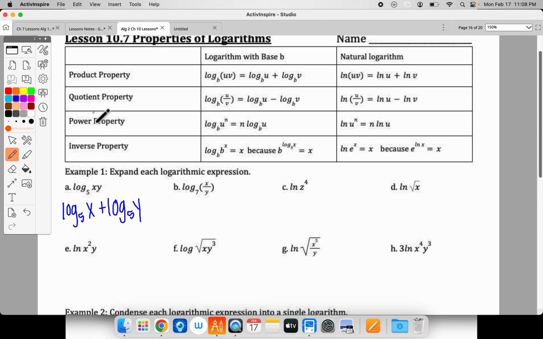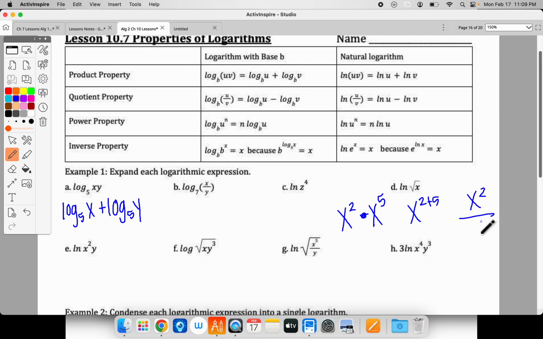Division logs, that's quotient property, division can be written as subtraction. So we actually looked at these with exponents last semester. So for instance, if I had x squared times x to the 5th, multiplication can be rewritten as addition. In exponents, same thing with logs. Multiplication can be rewritten as addition.